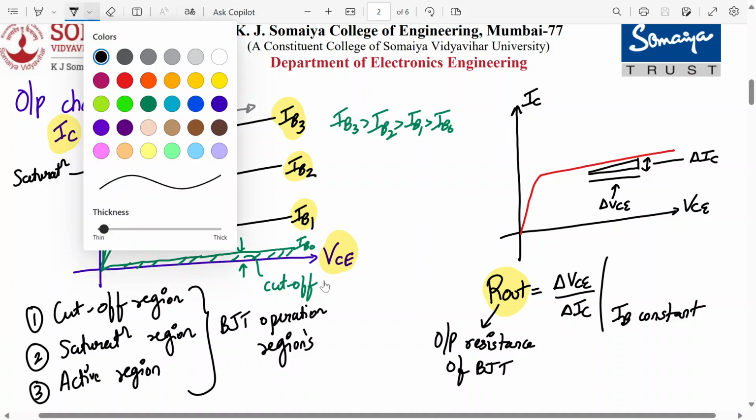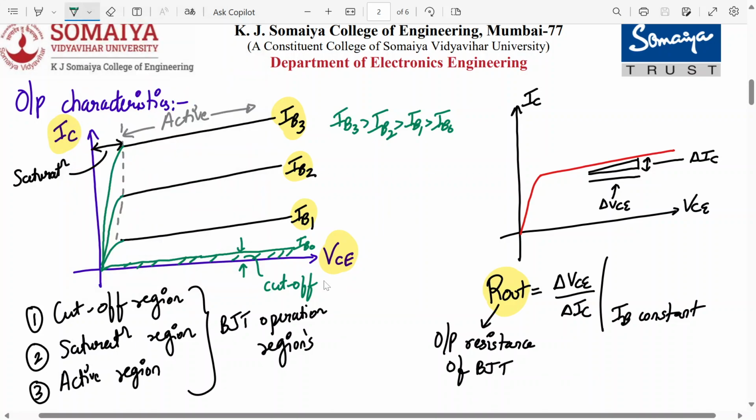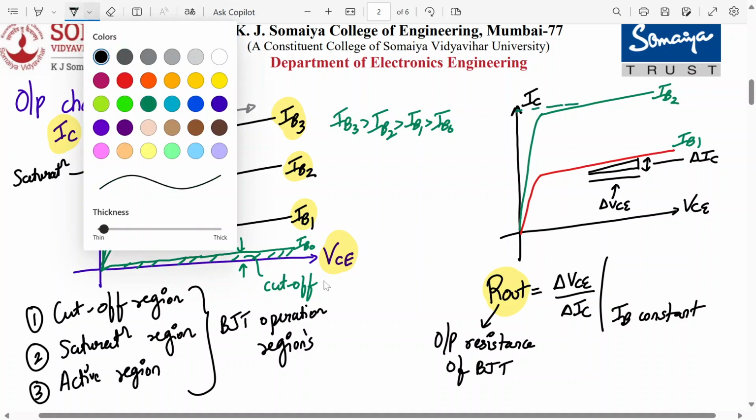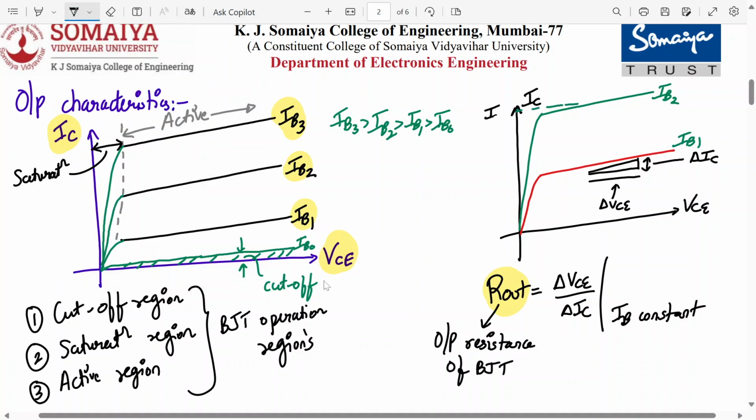Let me draw one more graph over here. Let's say this graph is over here. So this is IB2, this is IB1. Corresponding to that we have the collector current also, so let's say this is IC2 and corresponding to it we have IC1. So here the change in the current is also noted down.